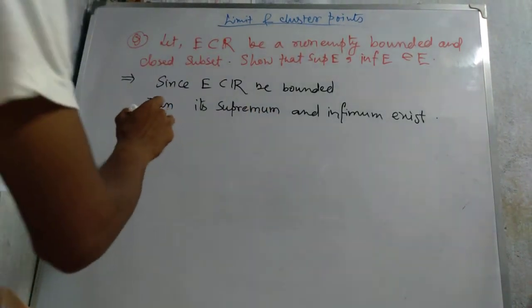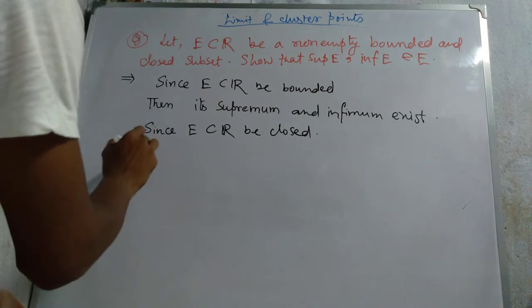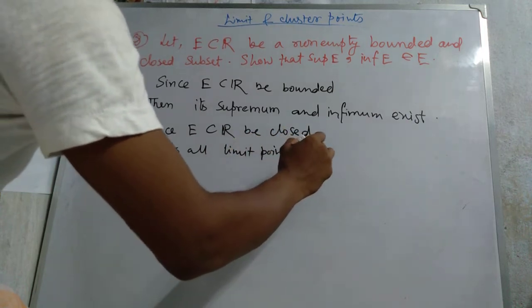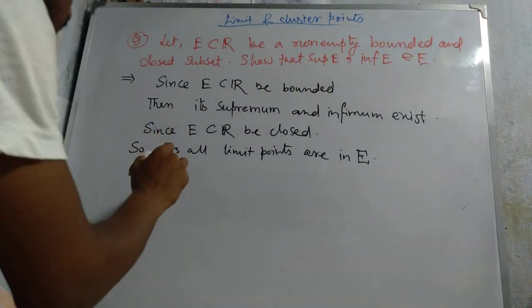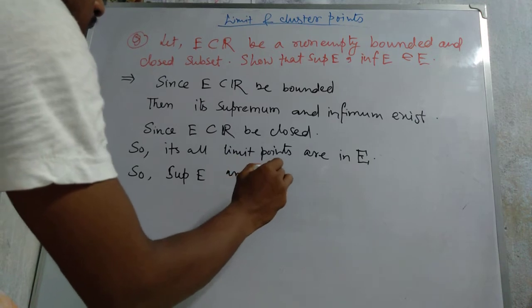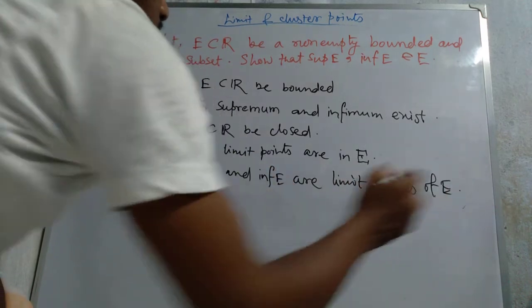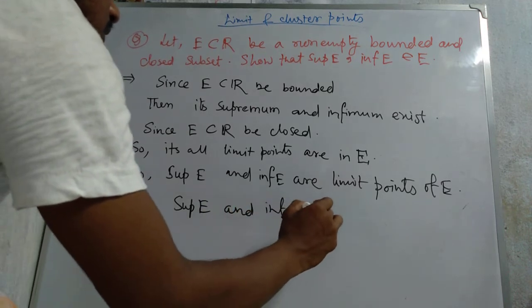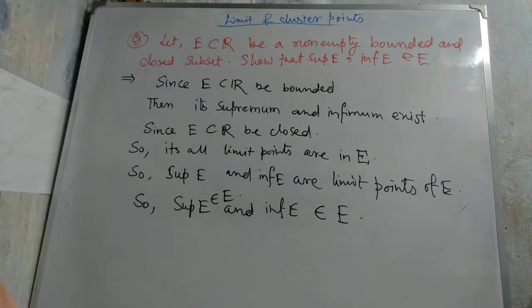Okay, and since E is closed, all its limit points are in E. So in the previous problem we saw that supremum of E and infimum of E are limit points of E. So supremum of E and infimum of E belong to E. That means supremum also belongs to E and infimum also belongs to E. Okay.